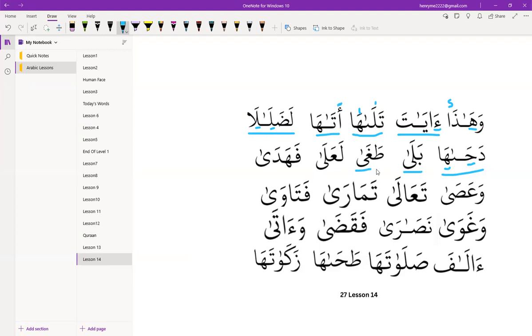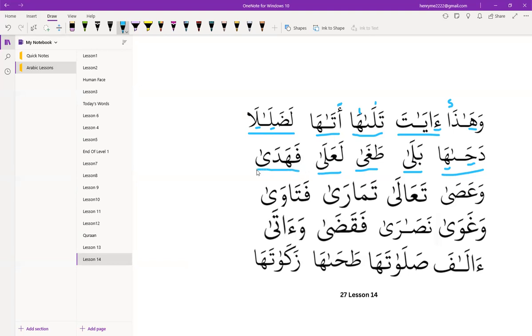This one here, same thing as bala, or close to bala. Tagha, tagha. The gha will be longer. This word here, la'ala. The lam will be longer because we have the short alif on top of the ya, and the ya becomes silent.